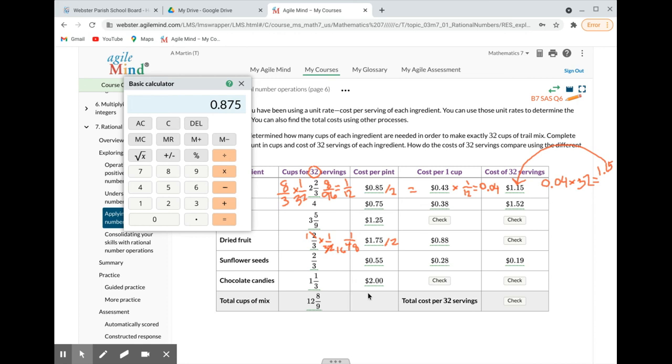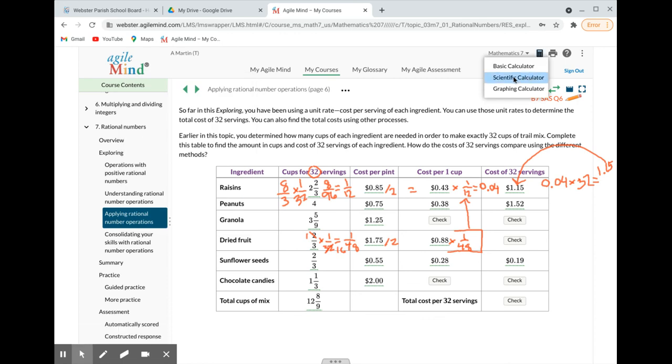No, I doubt it. What am I going to do with 1/48 and 88 cents? What do I need to do with that 1/48? What did I do up here? Oh, you need to simplify it. I mean, well, it's kind of simplified as far as I can, but what do I need to do in this area? What did I do up here? Multiply it. Yep, so I'm going to do the same thing. All right, so I'm going to get my scientific calculator.